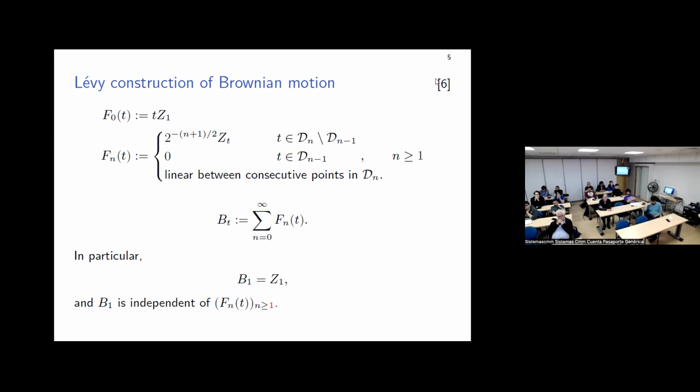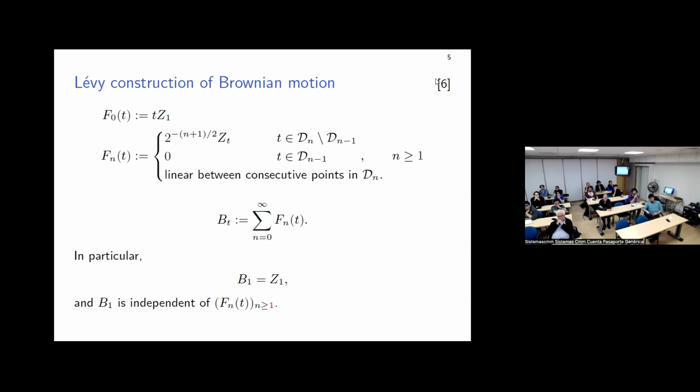And between those you have linear interpolation between consecutive points. Then you define B_t, Brownian motion at time t, as the sum from n equal to 0 to infinity of these functions.